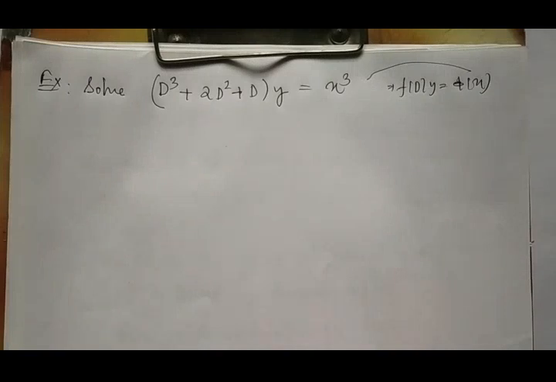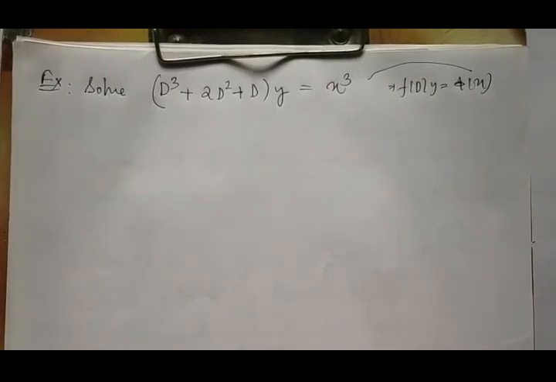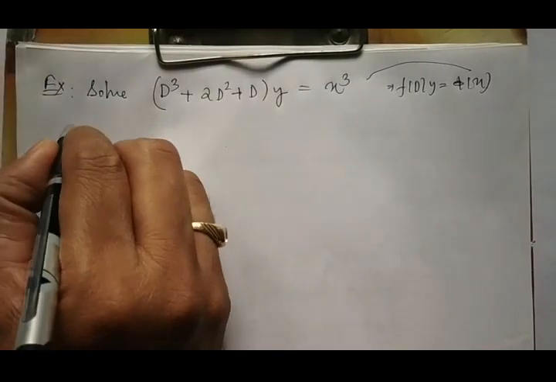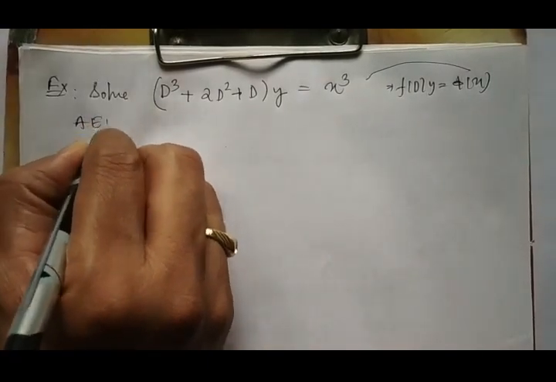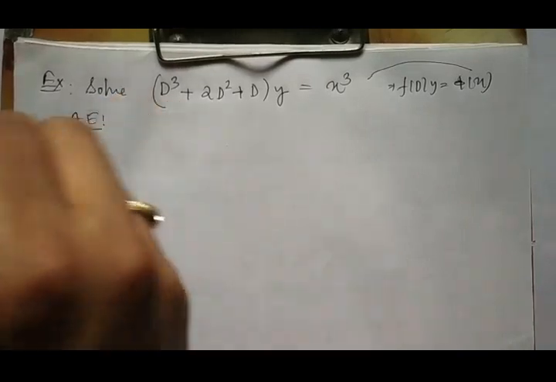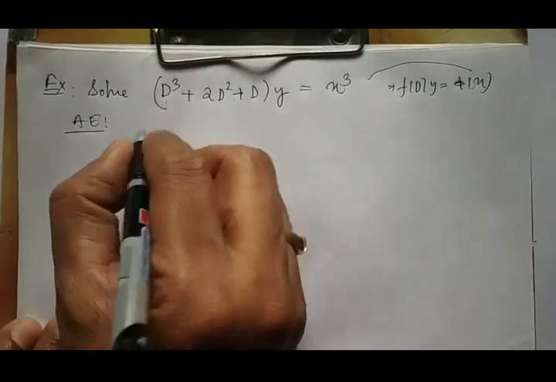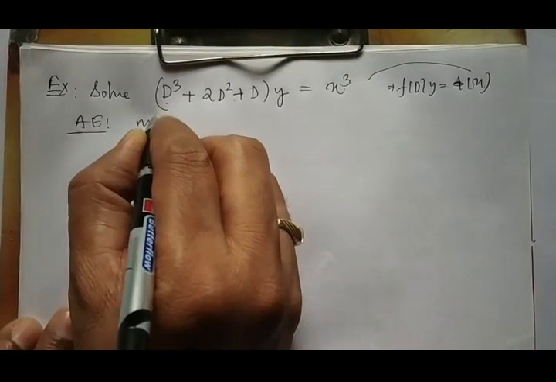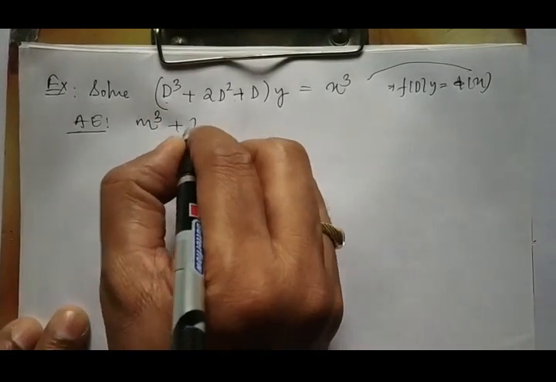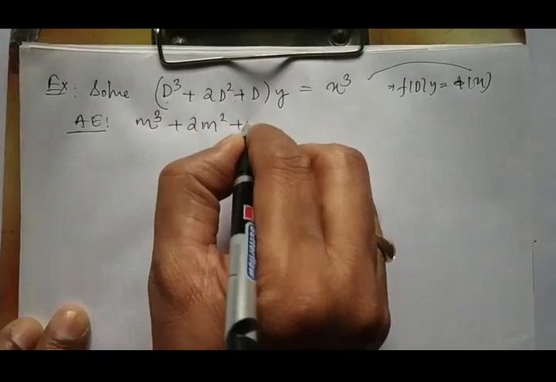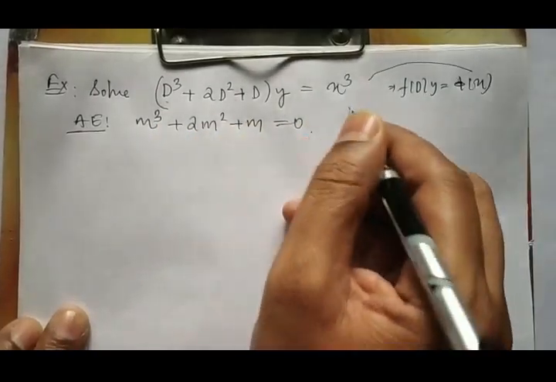But this is a whole example given, so in this we need to calculate general solution. So general solution is nothing but complementary function plus particular integral. Okay. So let us first concentrate on calculating a complementary function for which the roots are required. So this equation can be written as auxiliary equation like m cube plus 2m square plus m is equal to 0.